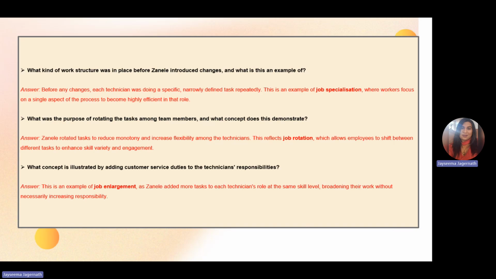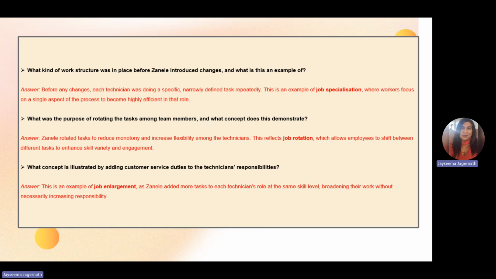Okay, what concept is illustrated by adding customer service duties to the technician's responsibility? Okay, this is job enlargement. So what is done here is that to prevent your employees from feeling like they've got no authority, feeling like their job is staying the same, you sort of enlarge it, but it's the same skill set.